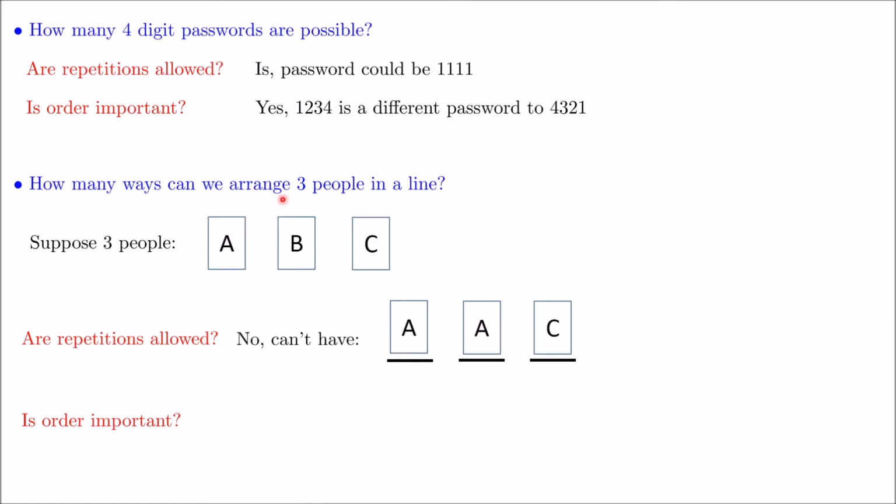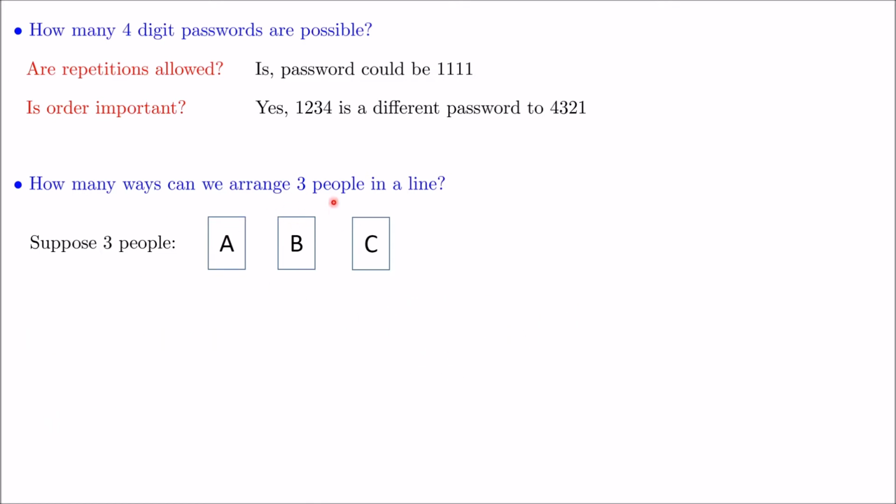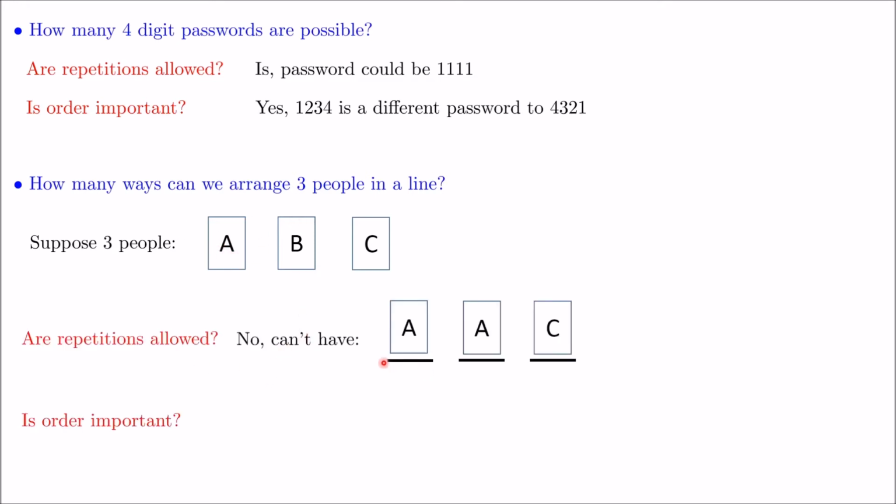In this whole entire topic, when we look at people, we're going to assume that people are always unique. Everyone's an individual. So you can't possibly have this outcome, because we assume there are no clones when we deal with people in this topic. So you can't have a repetition of having 2 of the same people. So no repetitions are possible in this scenario.